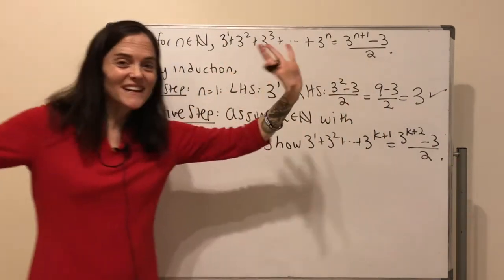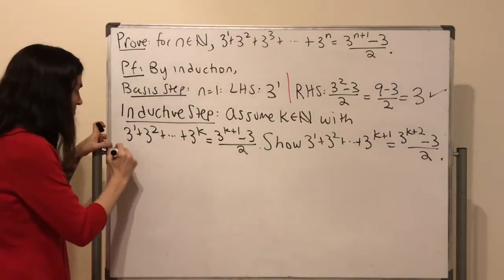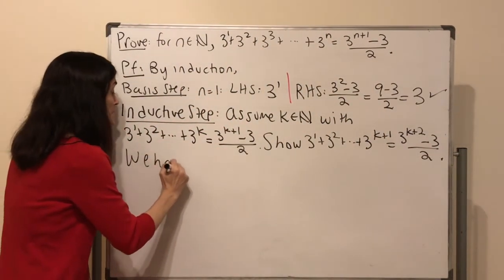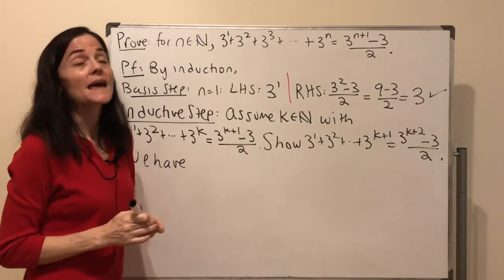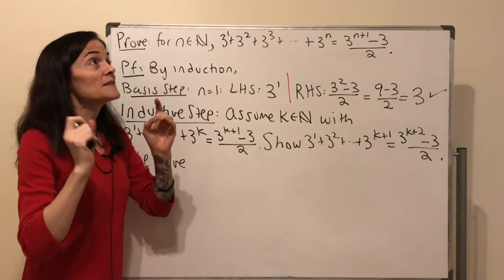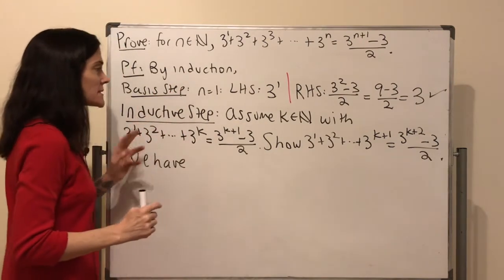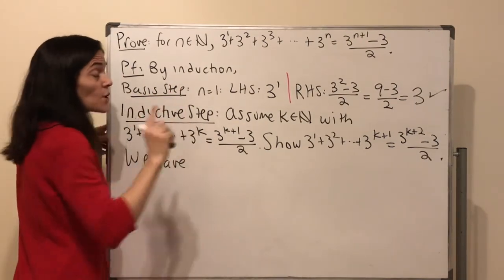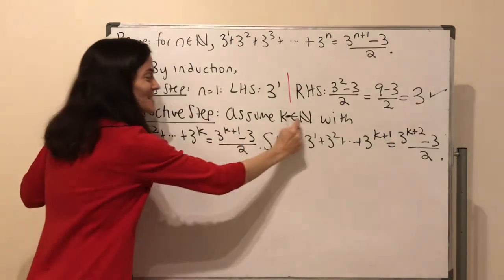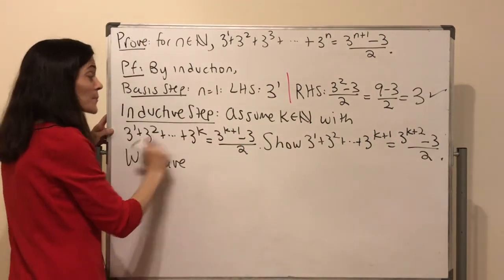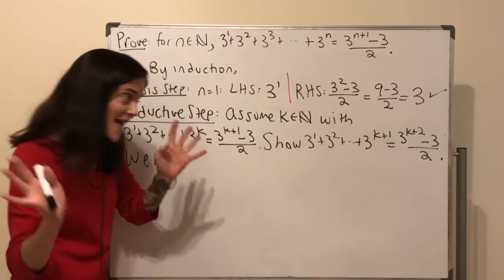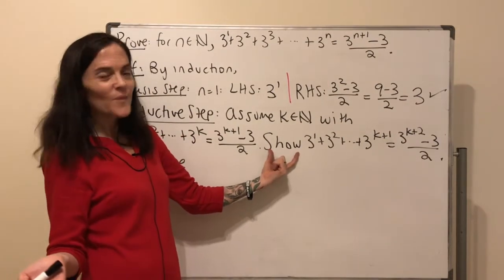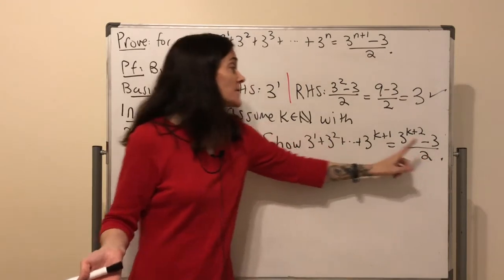Now, start a new sentence. This is important. We have, and then I will start a new sentence to actually show this. I mentioned this before, but I have had many students who will start, well, assume k is a natural number with this holds. Okay, wonderful, inductive hypothesis. But then, instead of writing show, they just write this equation.